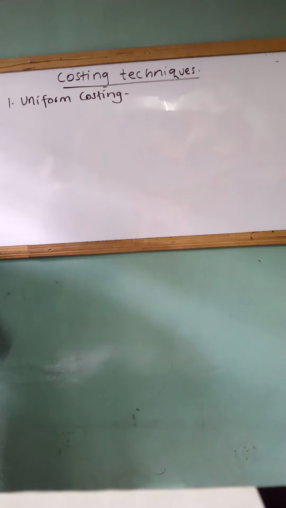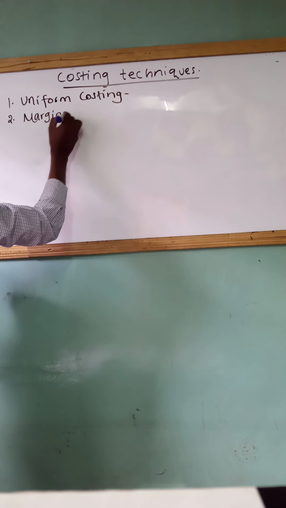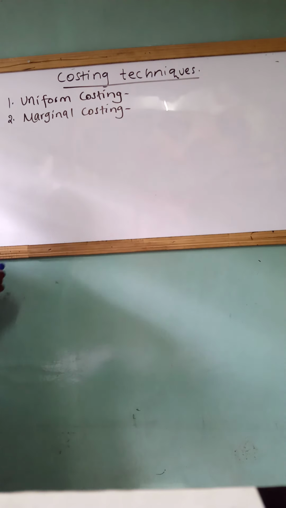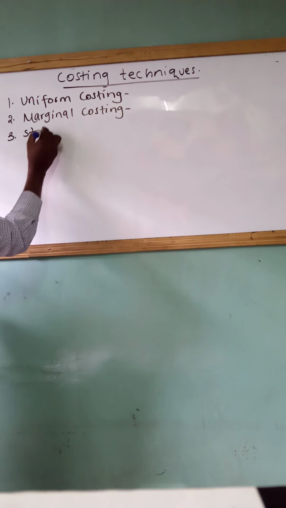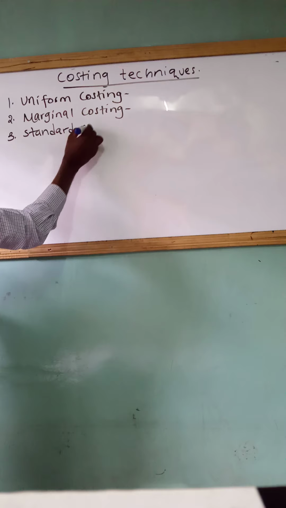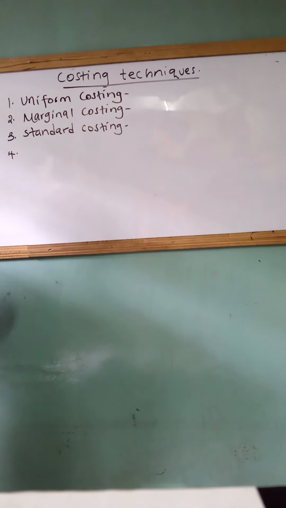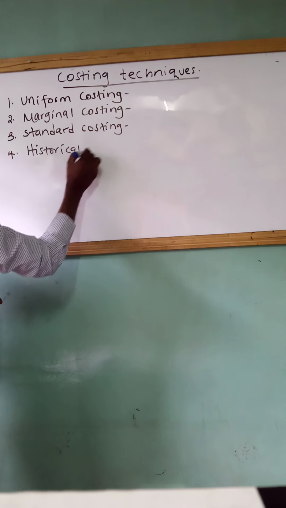Then marginal costing. We also have what you call the standard costing. Then we said we have another method of costing which is called the historical costing.